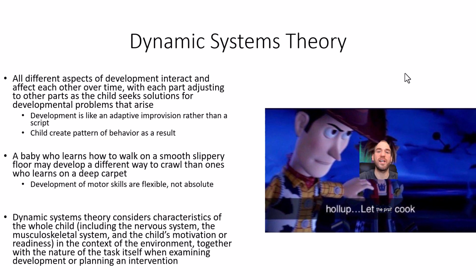But the idea here is adaptation: development is a series of adaptations that build on each other and impact future developmental outcomes. So one developmental outcome predicts a future developmental outcome.